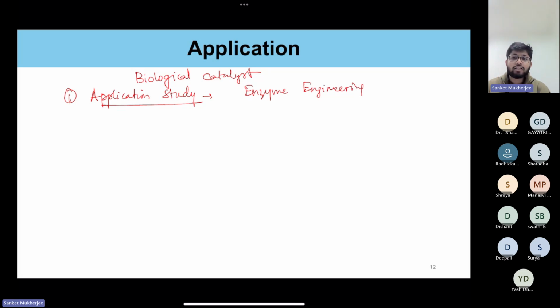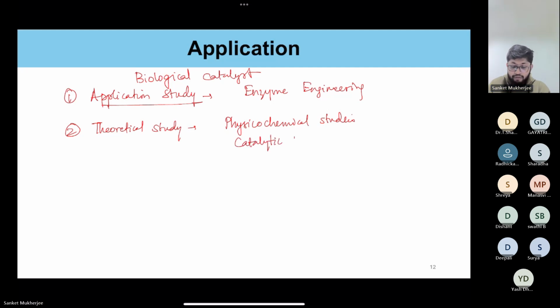We look for domains which have specific activities, and we engineer enzymes which will give us the best activity. Another one is the theoretical study, which involves physicochemical studies, and let's say catalytic properties of enzymes.